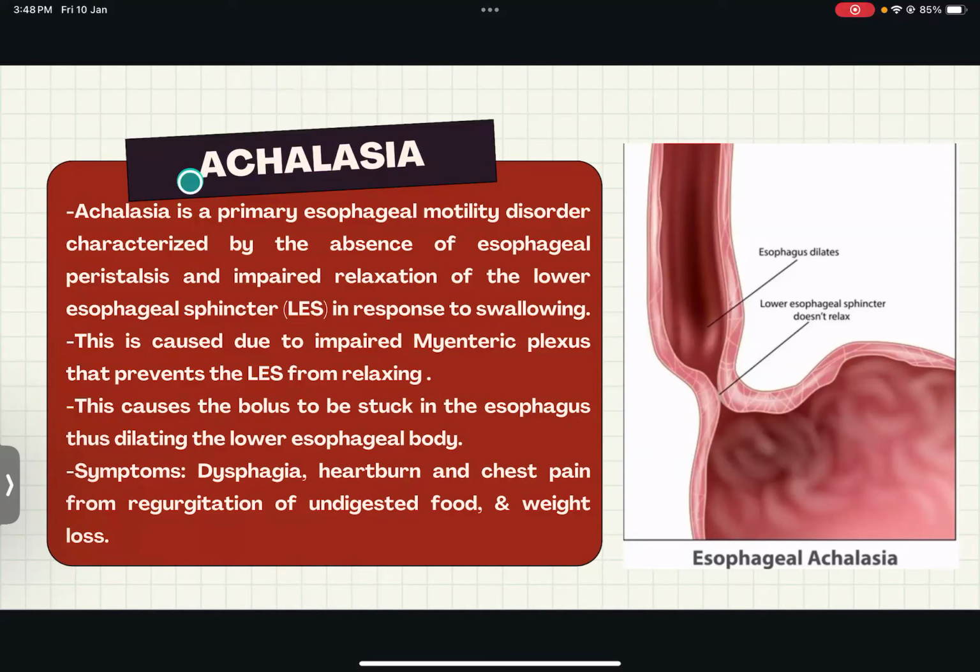Okay, let's see. So again, we said that the pharynx, the upper esophageal sphincter, and the upper esophagus are all perfectly normal. It's when you go to the middle and the lower esophagus that you start to see the changes happening. So it's going down, and then in the lower it's barely there.